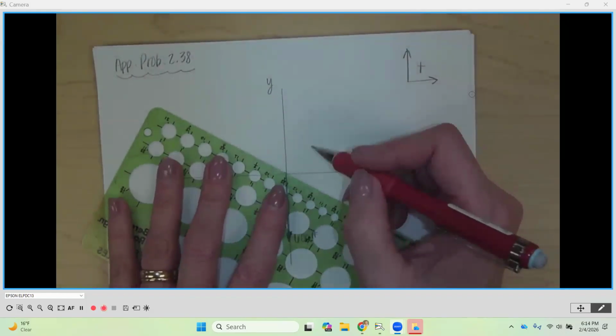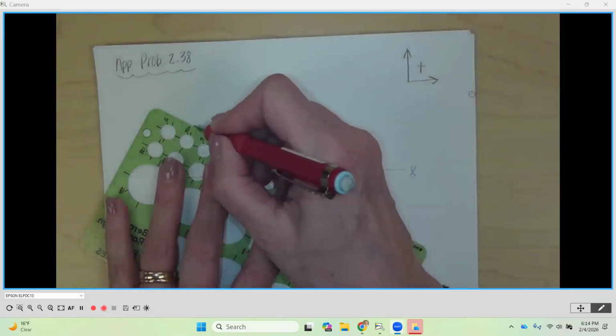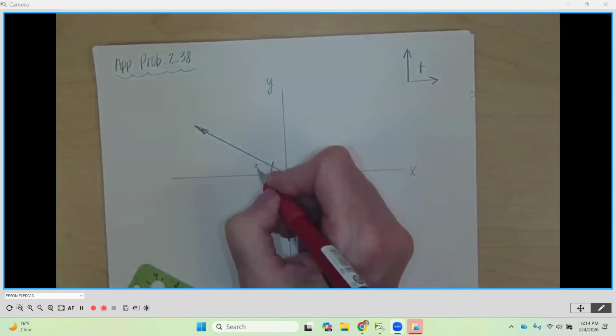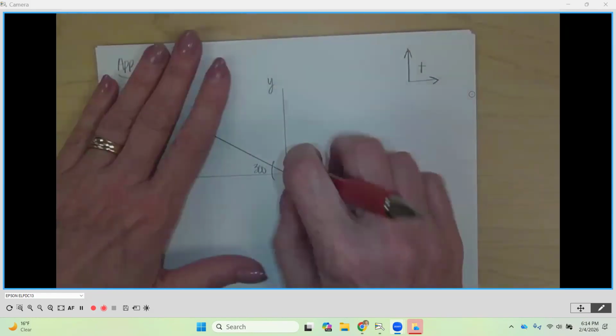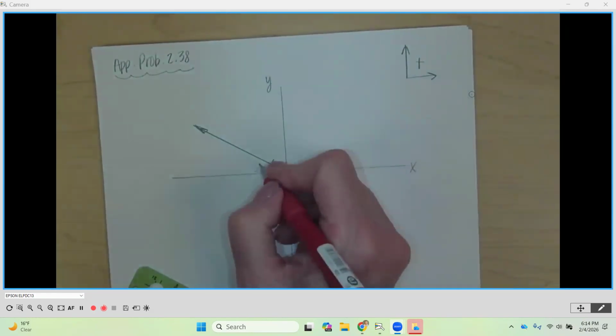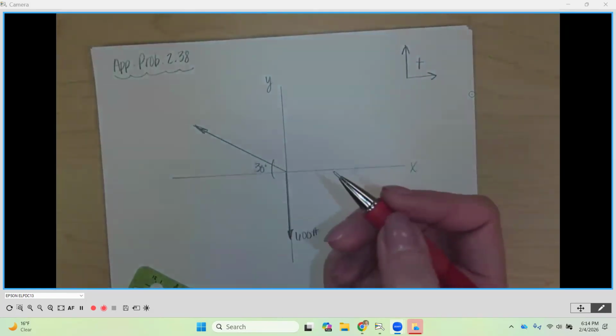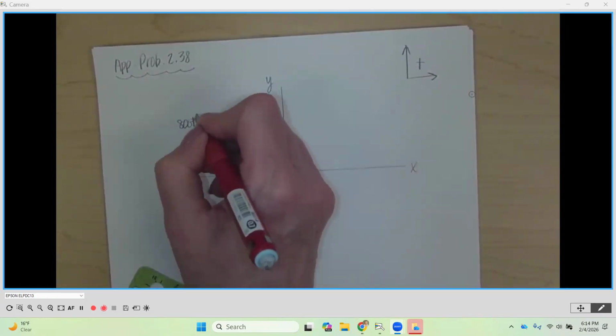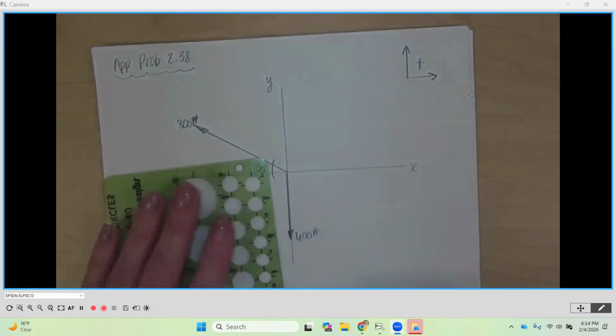And then Q is at a 30-degree angle from horizontal. See, 30 degrees, not 300. And that is 800 pounds. There we go.